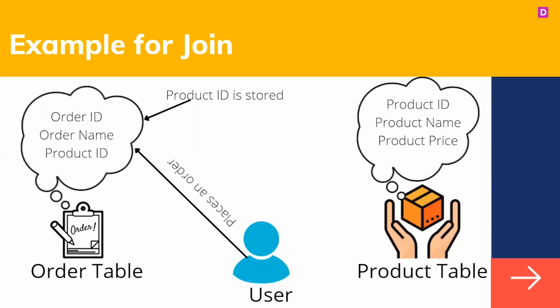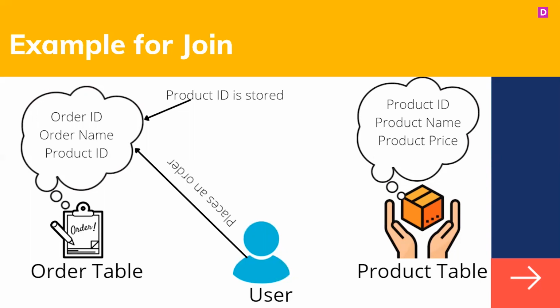You can note that product ID is the common field existing in both the order table and the product table. Suppose a user is trying to place an order, then inside the order table the product ID is going to be stored, which means we have joined the tables using the product ID.